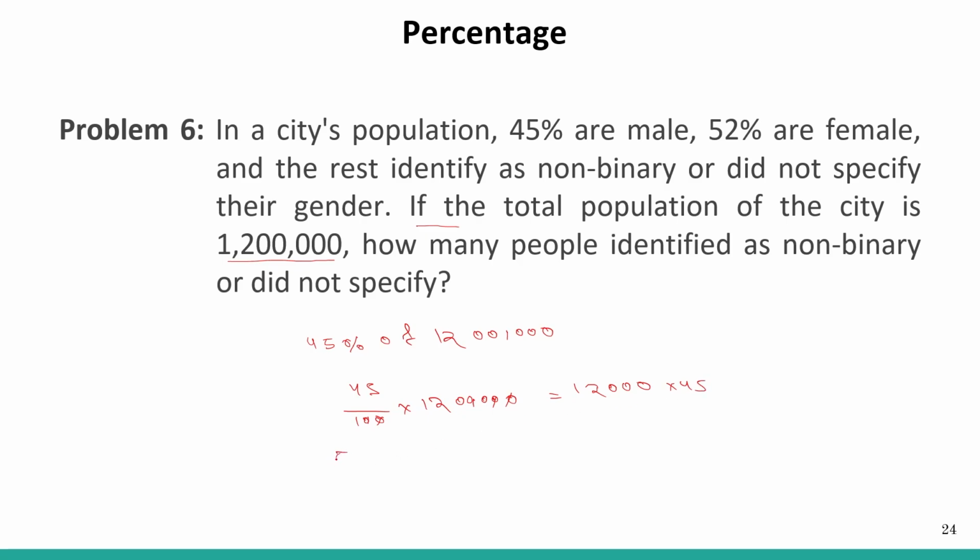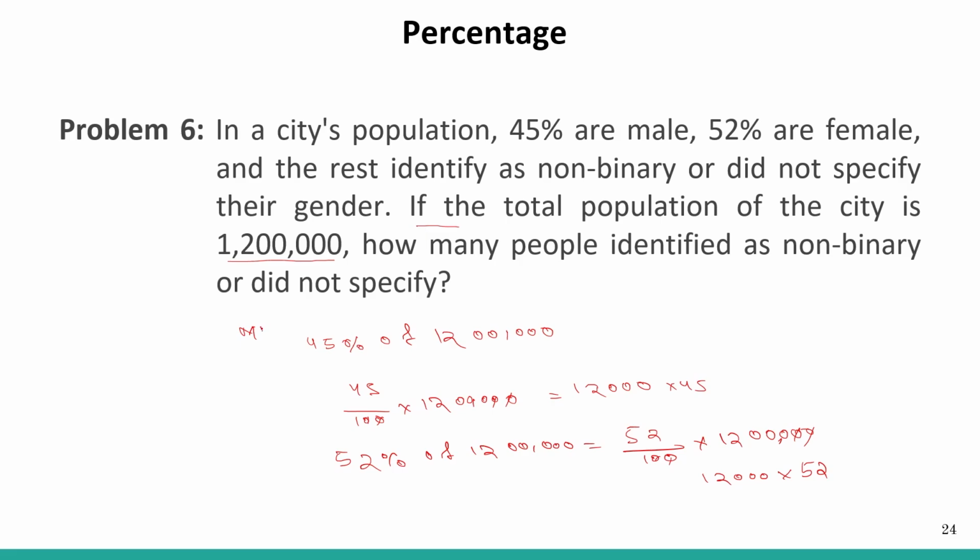And let's calculate 52% of 12 lakh. That will be 52 by 100 into 12 lakh, so it will be equal to 12,000 into 52. We can calculate the rest of the people by two methods.